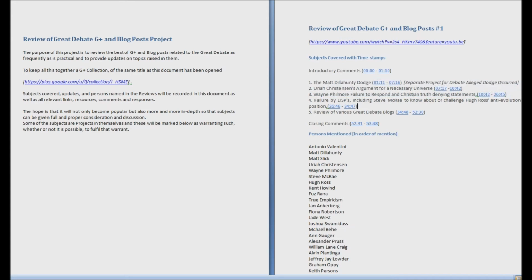The last one I'm not going to touch on much. It was a failure by the logically impaired scientific posse, including Steve McRae, to know about or challenge Hugh Ross's anti-evolution position. So there's been a big hoopla, and a big song and dance made from that community, that group of people, with the success of Fuzz Rana and Hugh Ross being in the hangout.